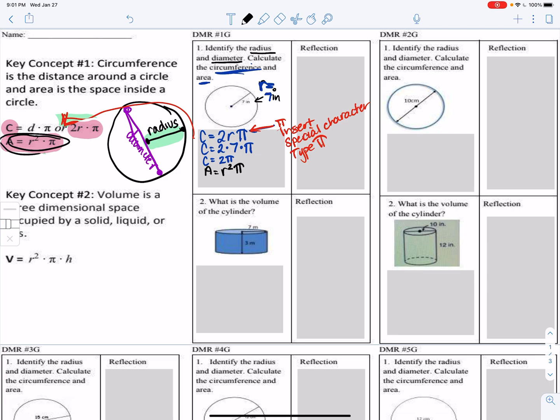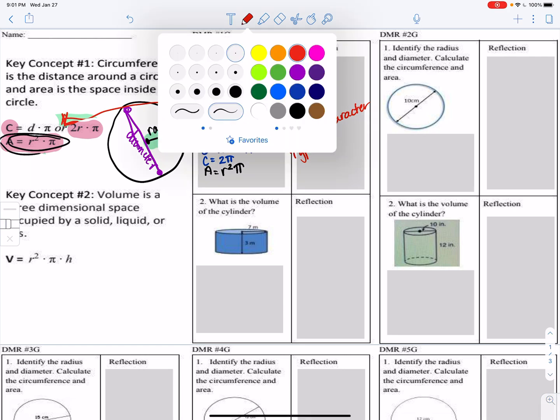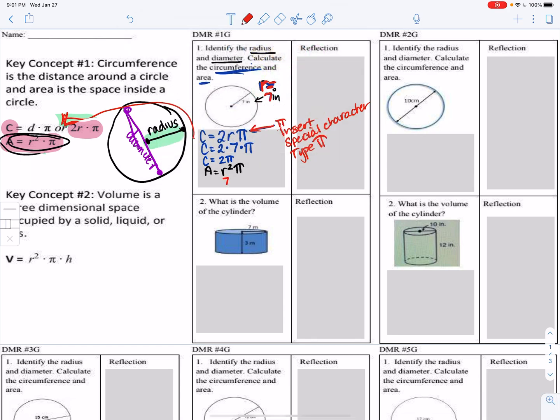And since we again know that r equals 7, I'm just going to substitute it in. So instead of it being r squared, it's 7 squared. So A equals 7 squared pi. You will solve by squaring the 7. A equals 49 pi. That is your final answer.